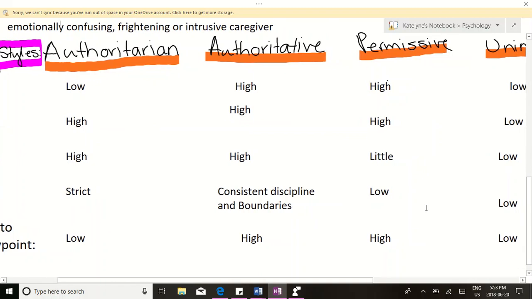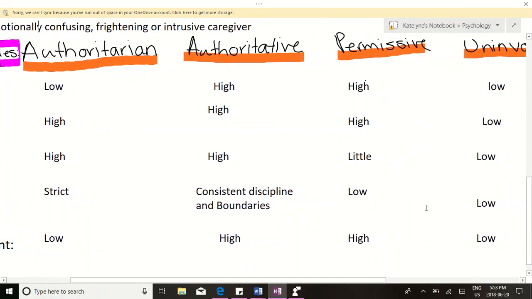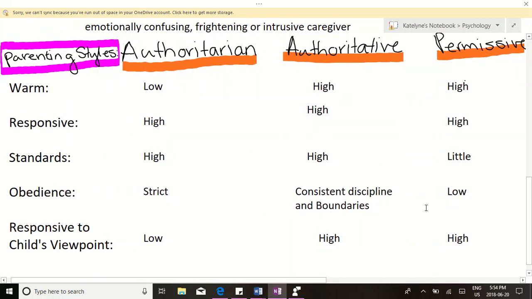The next type of parenting style is authoritative parenting style. Now, this differs from the authoritarian in several ways. First of all, there is high warmth in the authoritative parenting style, while the authoritarian was low warmth. The authoritative parenting style is also very responsive to the child's needs. They do set high standards, however, they also are more relaxed when it comes to rules.